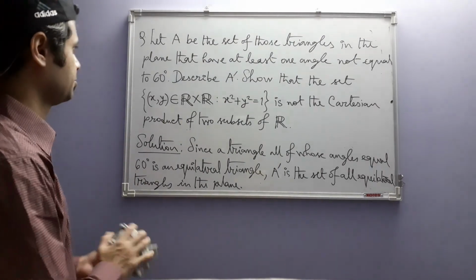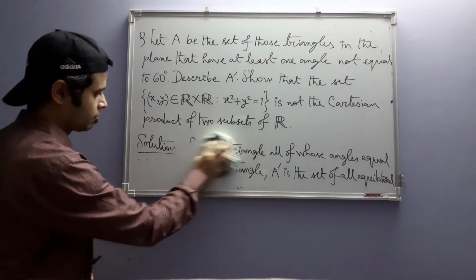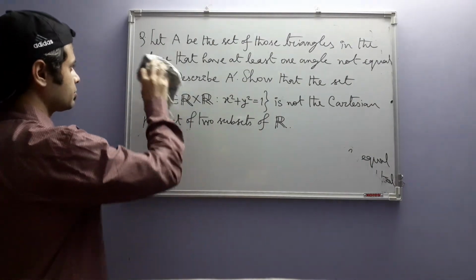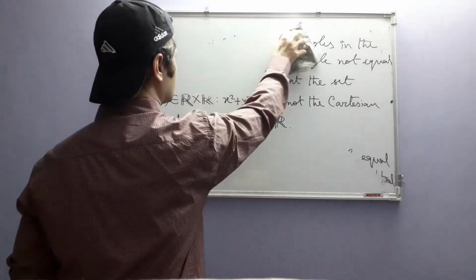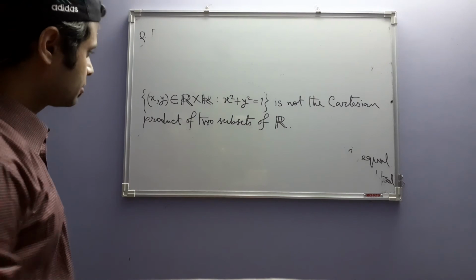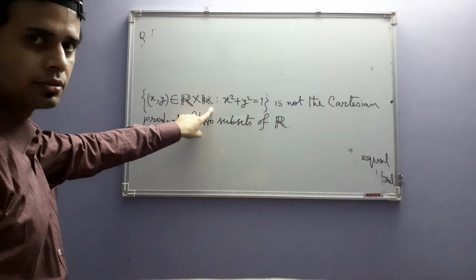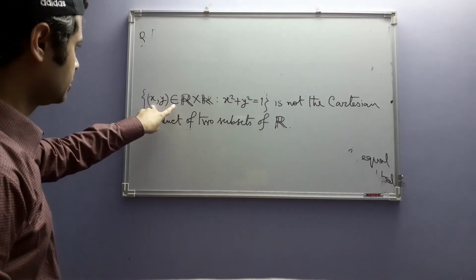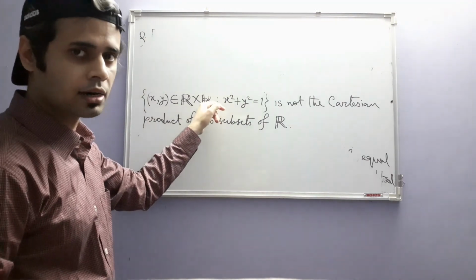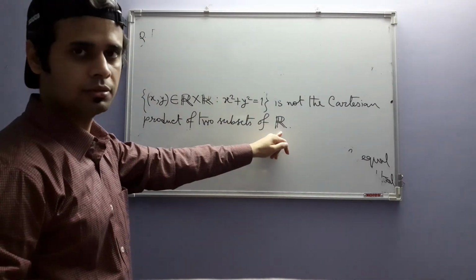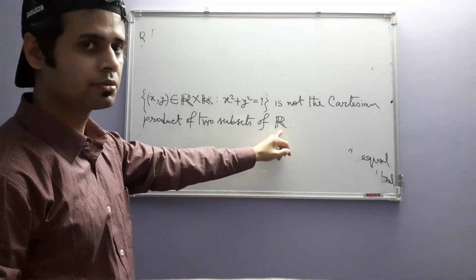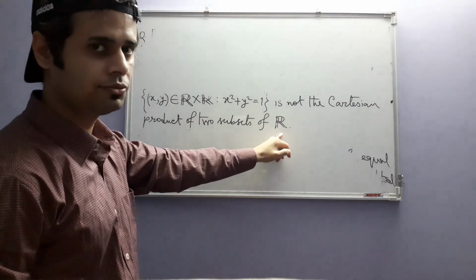Now the second one. What does the second one say? The second one has a set. Now this set is a subset of R cross R, where R is the set of real numbers. You recall this blackboard bold type of R represents the set of real numbers.